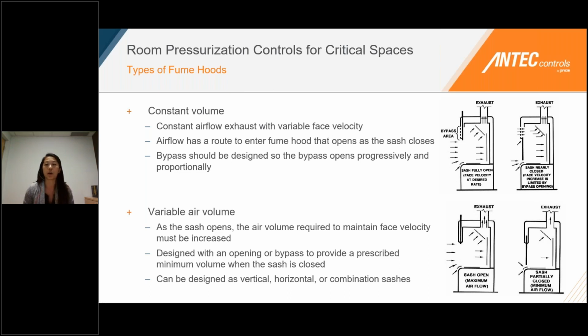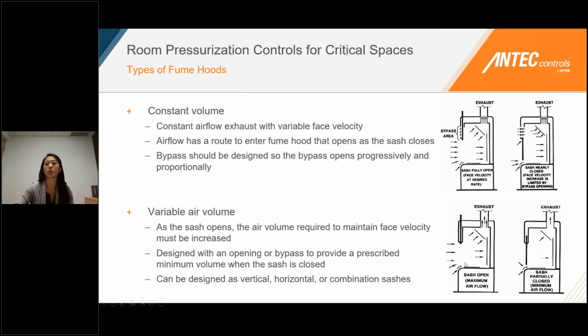Now variable volume fume hoods is what we're going to focus more on when we talk about fume hood control. So in this case, you can see that there's no bypass area, and instead there's only one opening for airflow to enter the fume hood here. So as the sash closes, the total amount of airflow allowed into the hood also lowers as well.